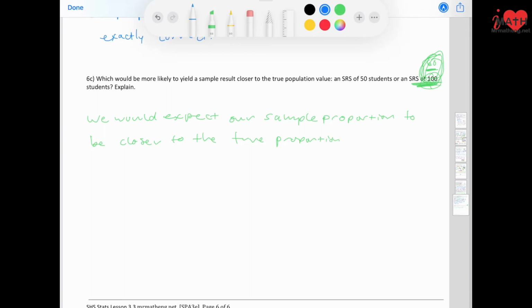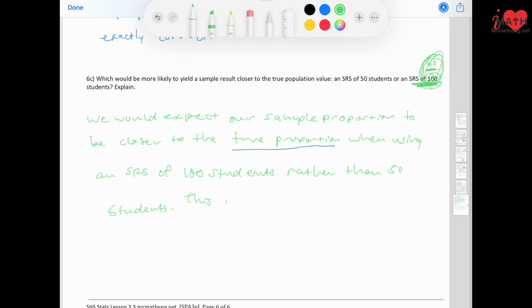I'm going to underline this one. Remember, the true proportion is if you actually tested all 2,000 students at the school. Remember, I assumed that was 2,000. When using an SRS of 100 students rather than 50 students.